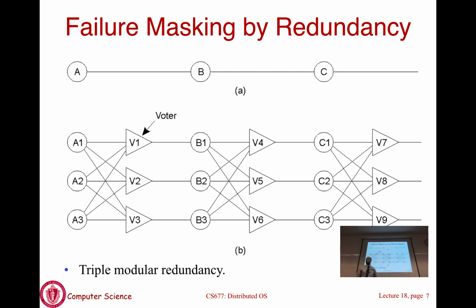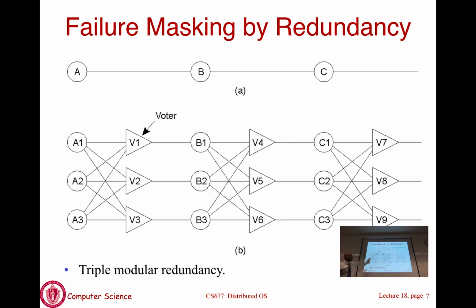Circuits often behave this way. You basically have a pipeline where your bits are flowing. If A fails, or B fails, or C fails, the whole circuit fails, because it's not going to produce an output if one of them fails.